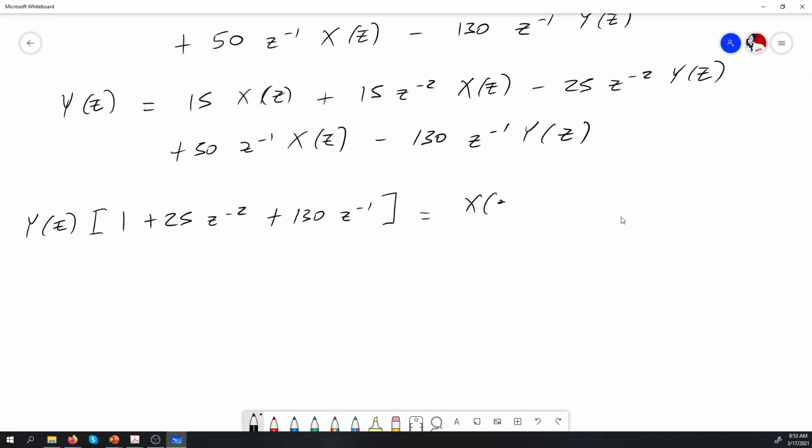Group all our x of z's here: 15 plus 15 z to the -2 plus 50 z to the -1. Let's make sure this is correct.